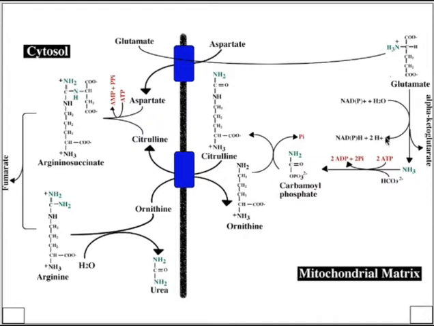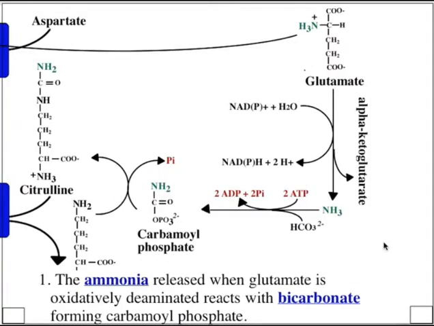Let's zoom in on just this region of this cycle. Nice. So what we can see then here is that ammonia, toxic ammonia, is formed from that deamination event that takes place right here. And this ammonia is going to react with bicarbonate. And this is going to form the first intermediate of the urea cycle called carbamoyl phosphate.